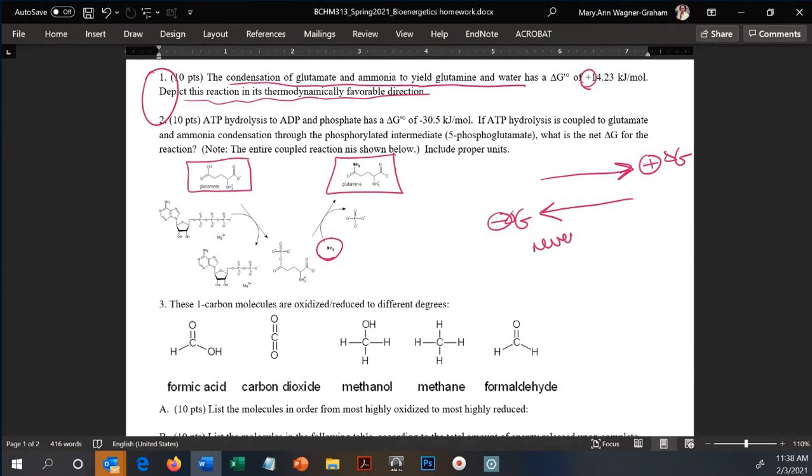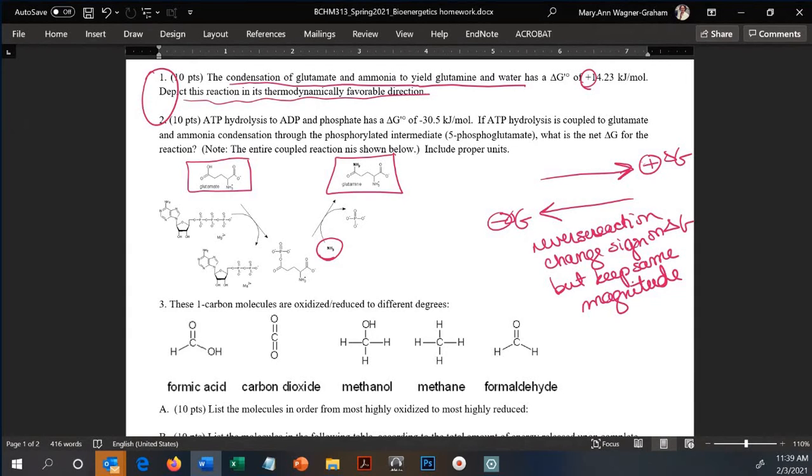So basically, if we reverse a reaction, we change sign on delta G, but keep the same magnitude. Okay, so that's the deal. I want you to depict this reaction in the thermodynamically favorable direction.